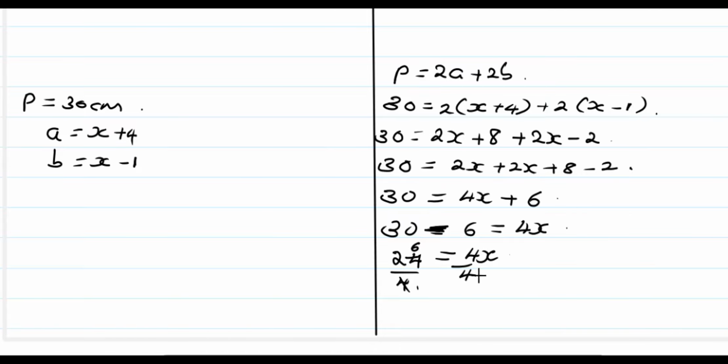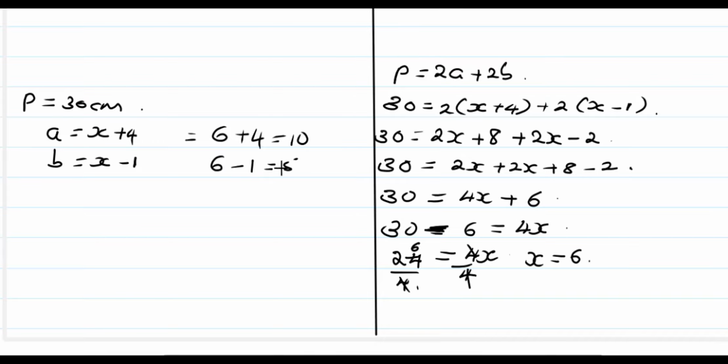Then here by 4 and by 4, so it will be x is equal to 6, like that. And if we try to find the perimeter here by replacing x here, it will be 6 plus 4, which is 10. Then here it will be 6 minus 1, which is 5.